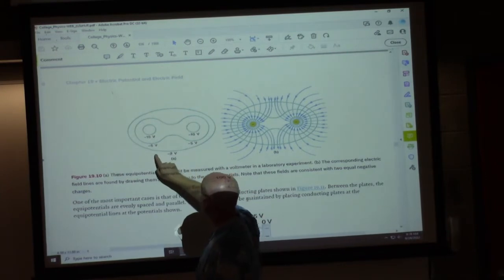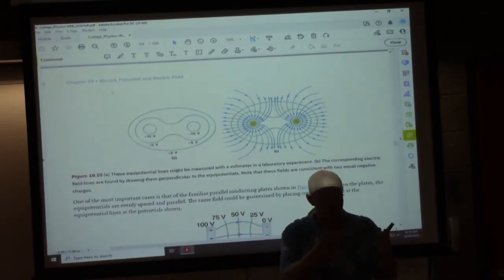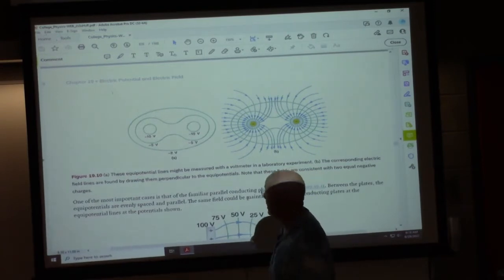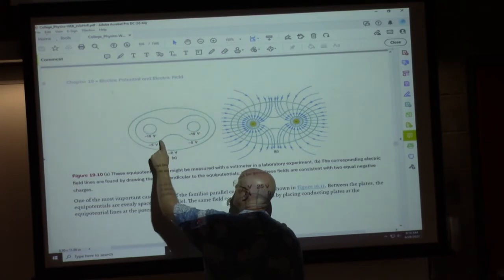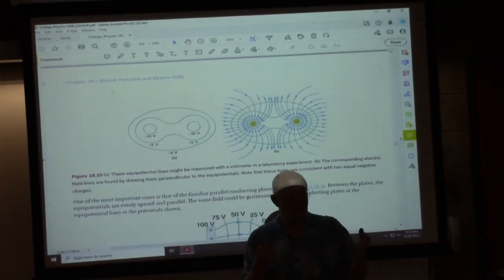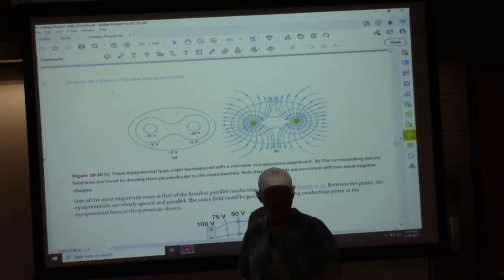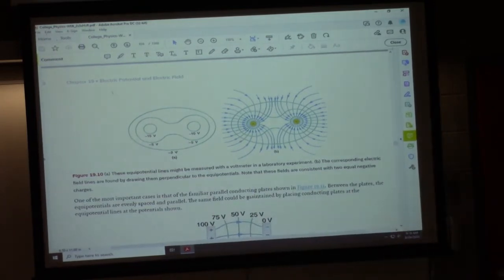And everywhere along this one is negative 2. And of course, what would be nice is if we had an electron that maybe started at 2 and went to 5, we could get the change in potential. We would go final minus initial. So we would go negative 5 minus a negative 2. And so from here to here would be a change of 3 volts.